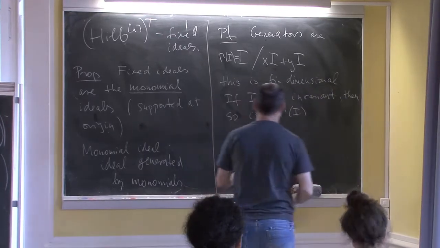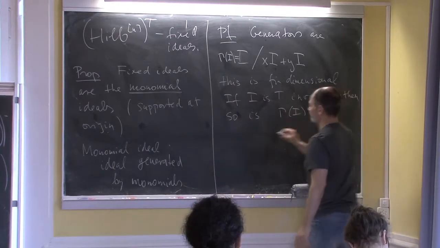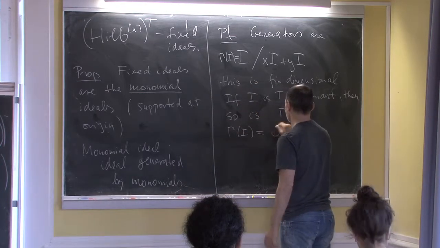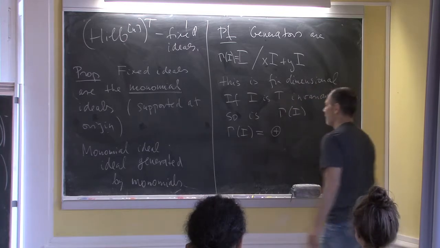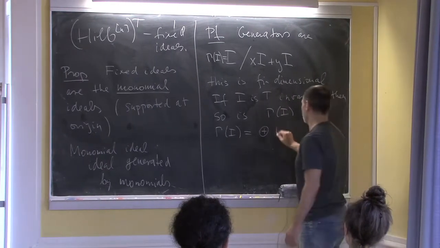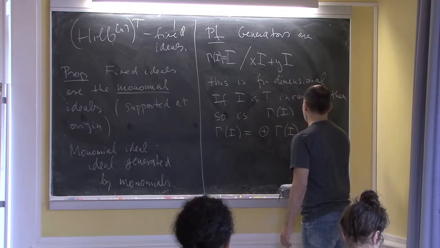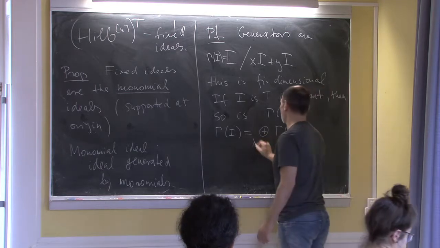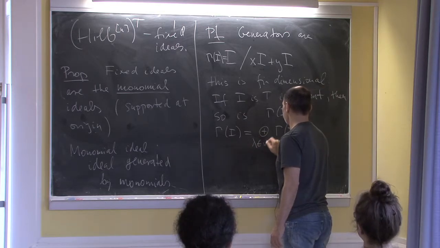This is a finite dimensional vector space, and you just decompose it into some weight vectors, right? So as a torus, gamma I, and here you put some lambda. Well, lambda is some set of weights.